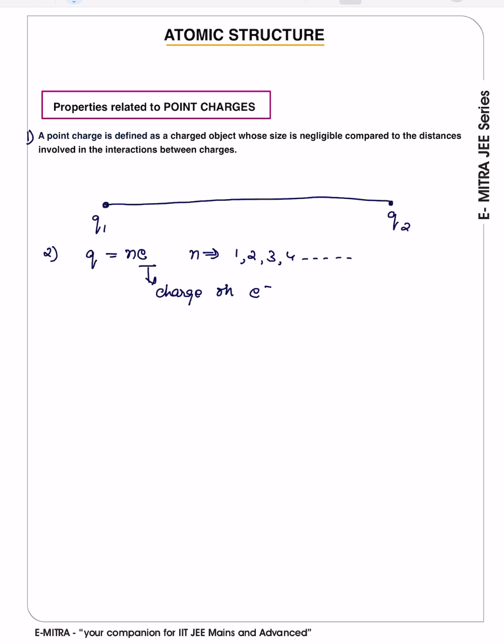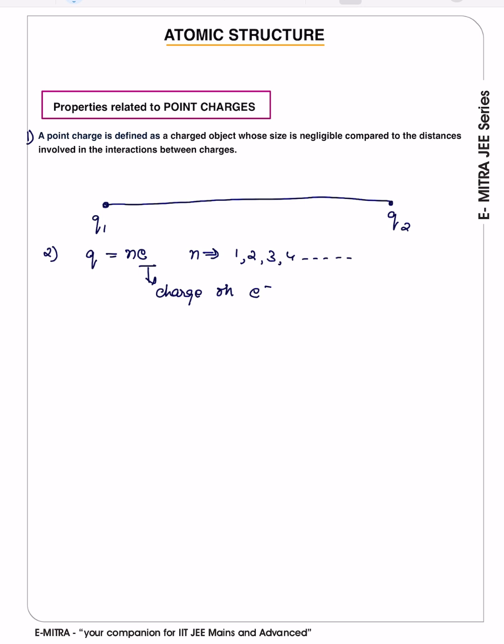If you are asked how much minimum charge can exist, then the charge existing on an electron is the minimum charge that can exist. And whatever charge exists, it will exist as an integral multiple of the charge on the electron. So always remember, you will never have half charge or 1.5 charge. It will always be in integral multiples.